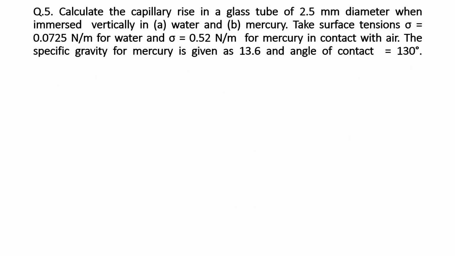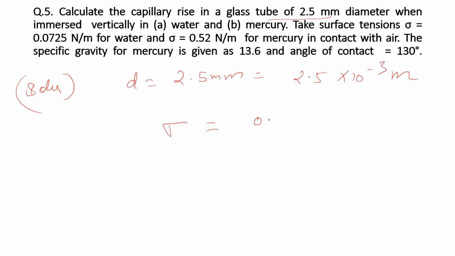We have the diameter of the glass tube as 2.5 mm. We will convert it to meters. The surface tension of water is given as 0.0725 Newton per meter, and for mercury it is given as 0.52 Newton per meter.